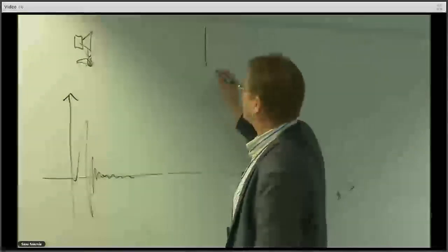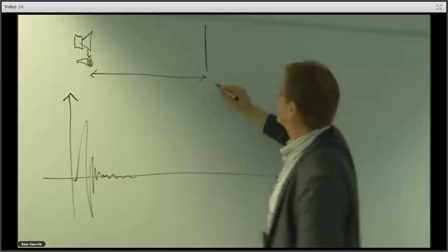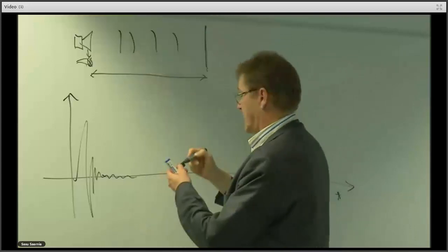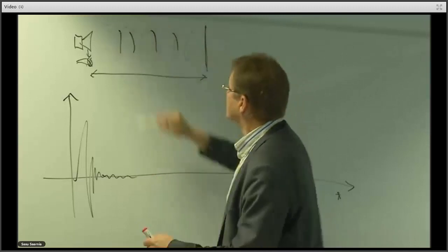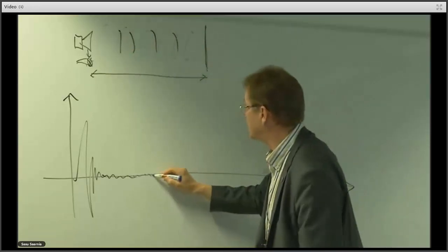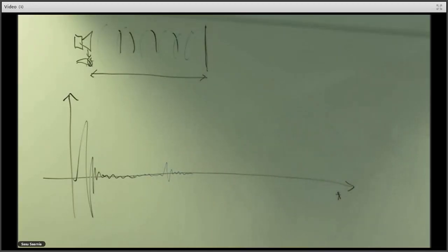Then there's a reflector here, any surface, and the sound bounces back to the microphone, much smaller, but somewhere in there you will have self-similarity.